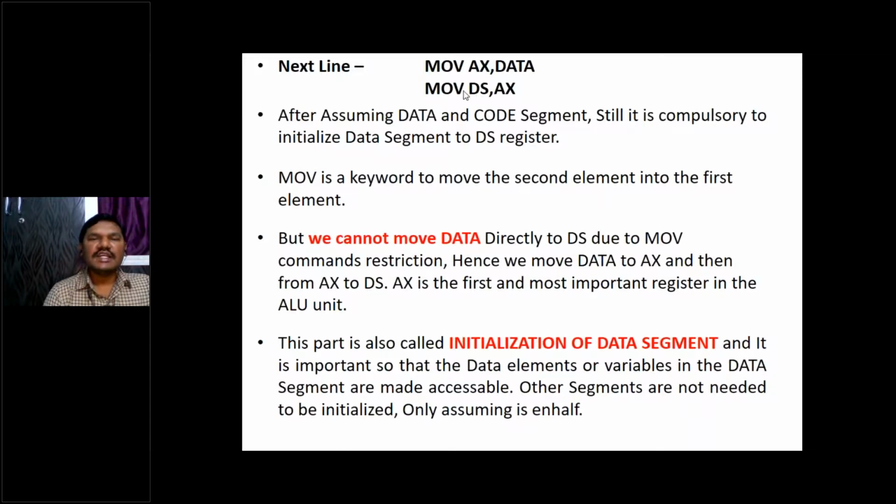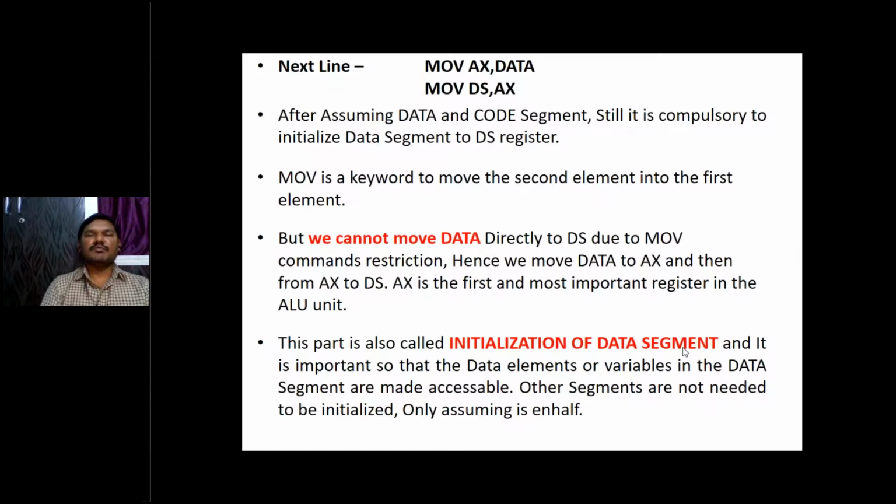DS is the data segment. We cannot send DATA to DS directly, so we send data to AX. Data is the data segment name, and that AX value goes to DS. That's why we have this instruction. AX is the first and most important register in the ALU, called the accumulator. This part is also called initialization of the data segment, which we have to remember.